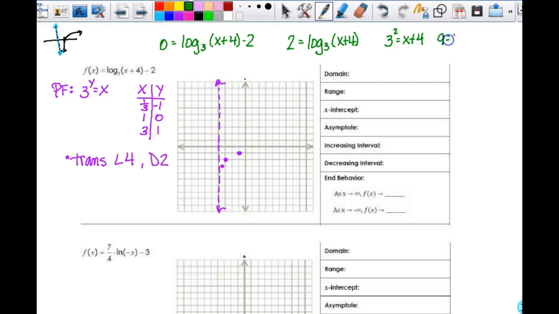So 9 equals x plus 4, so x equals 5. So my x-intercept is going to be 5, 0. So 1, 2, 3, 4, 5, 0. My asymptote is at x equals -4. And I can draw this in.